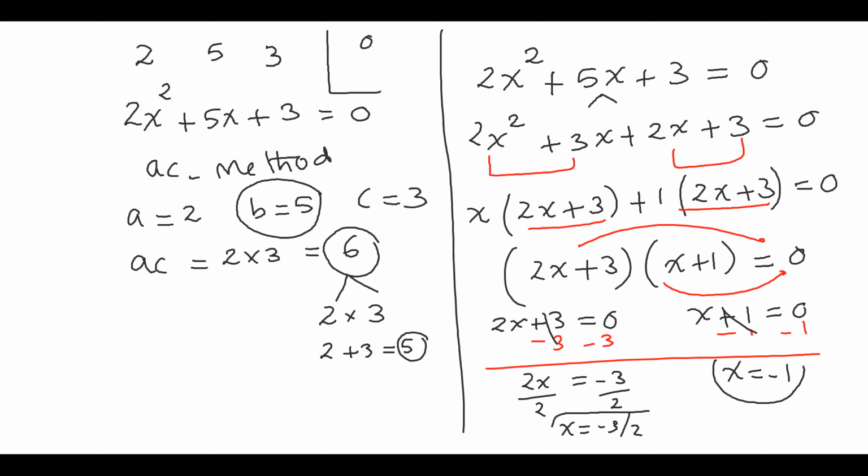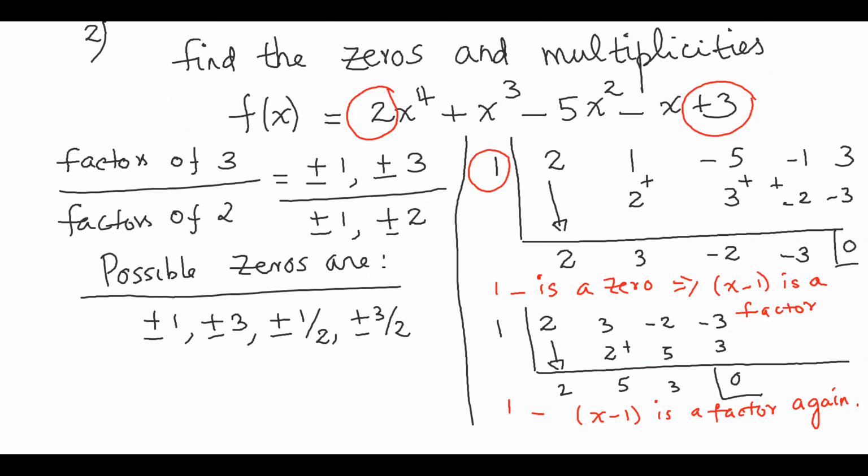So if you go back to our original problem, the degree of the polynomial is 4. So look at the original problem. The degree is 4 here, so we have to have a maximum of 4 zeros.